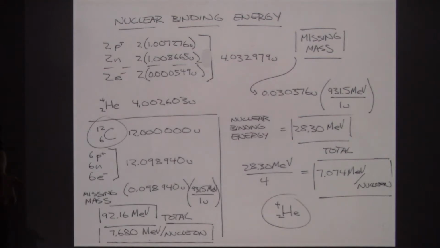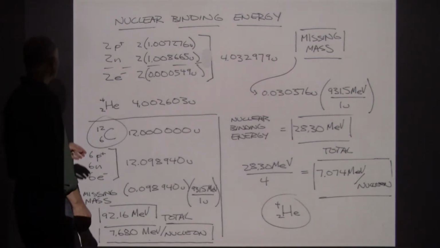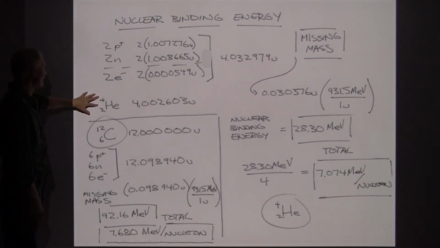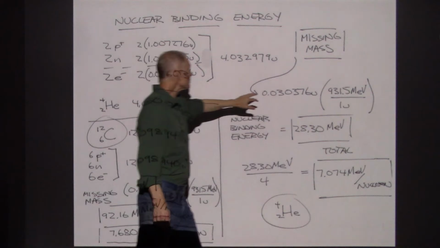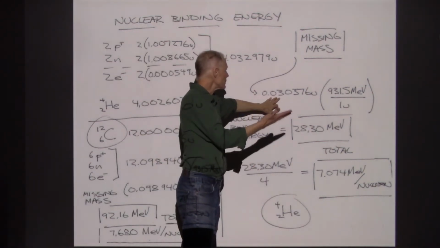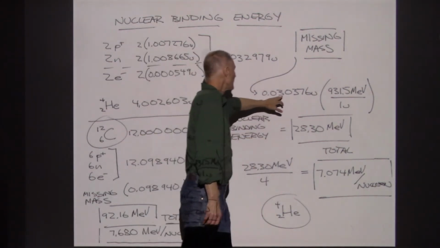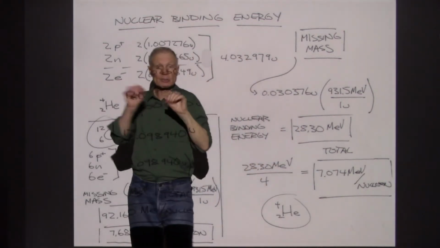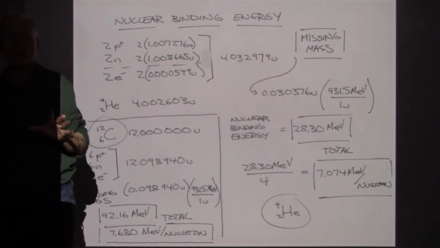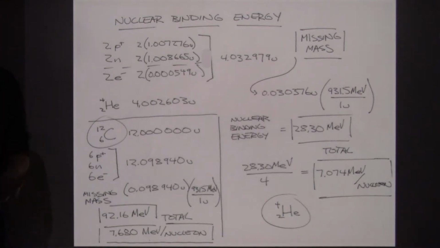This is the process by which most stars are generating their energy. And it's a whole series of steps, but at the end of the day, this much mass has disappeared. Well, what it's done is it's been converted into this much energy. And that energy typically has been radiated away, or it shows up as kinetic energy in the products.